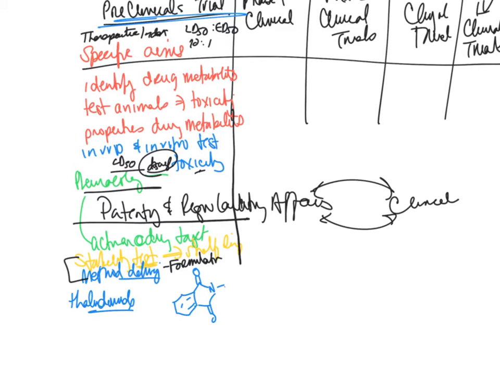I got a 5-membered ring here. So thalidomide looks like this. And one of the enantiomers here, right here, so you have one asymmetric carbon. And one enantiomer works great, okay?